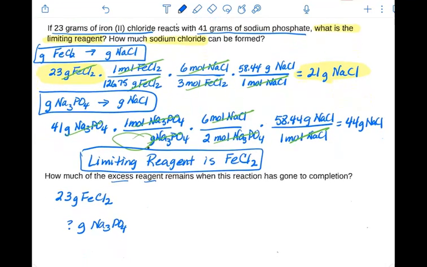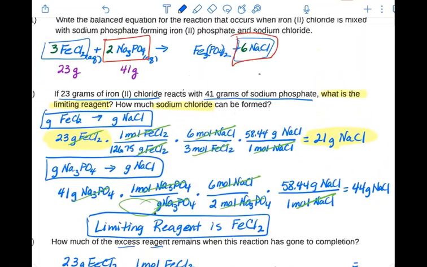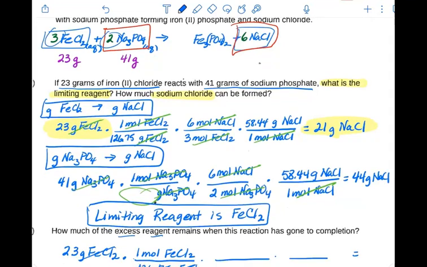So again, it's just another mass problem. So I'm going to put those same steps in, those same 3 steps. Okay, so I'm going to go 1 mole of iron chloride, and I have that mass already from up there in the previous problem. My mole ratio this time of the sodium phosphate to the iron chloride is the 2 to 3.